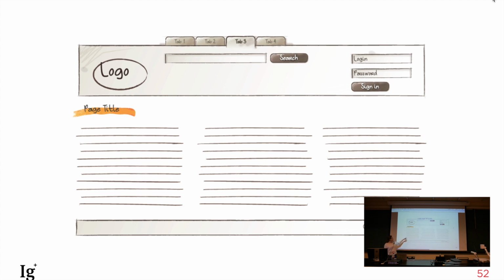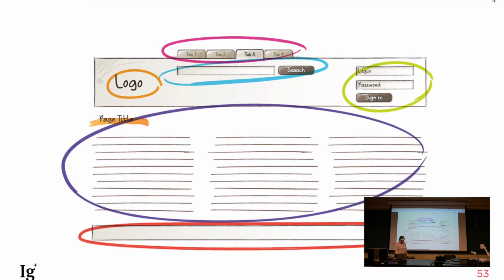If you look at the screenshot, let's say it's just a regular web page with some header, menu, logo, and then some footer and content in between. If we look at the page as developers, we can outline the building parts of it. We can say that menu is one piece, logo is another piece, and search form and login form are two other pieces. And this is what BEM does.